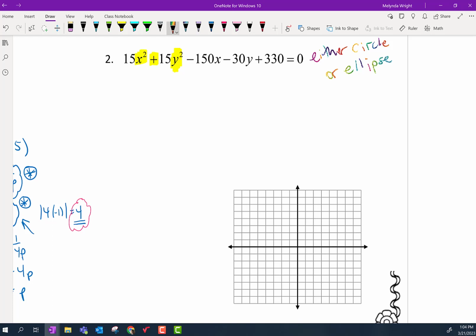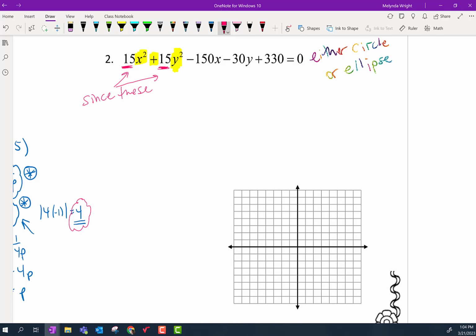So we've got x squared and y squared. They're both there, and they're both positive. They're being added, and both of those terms are positive. Circle or ellipse. So how am I going to be able to tell? Well, the way that you tell is by the numbers in front, these coefficients, these two numbers.